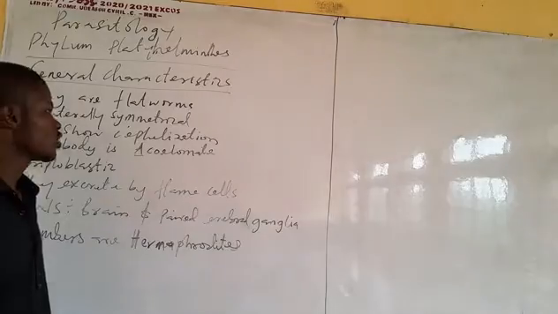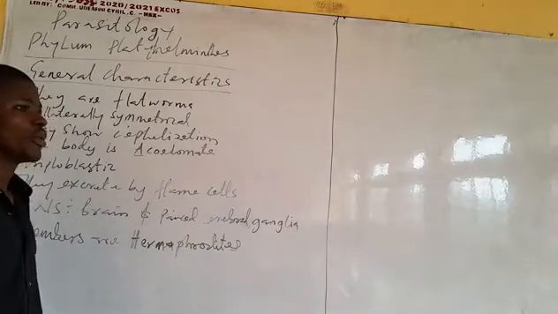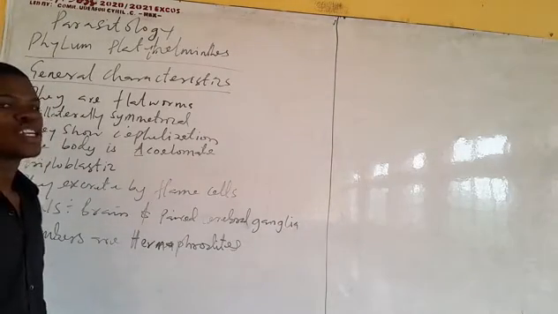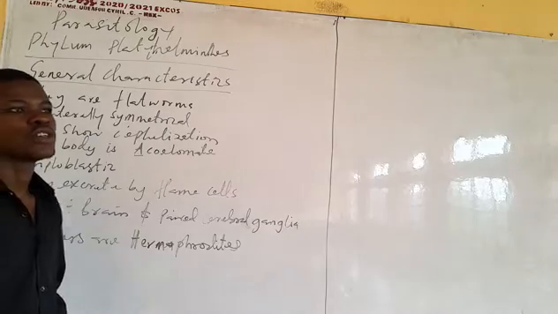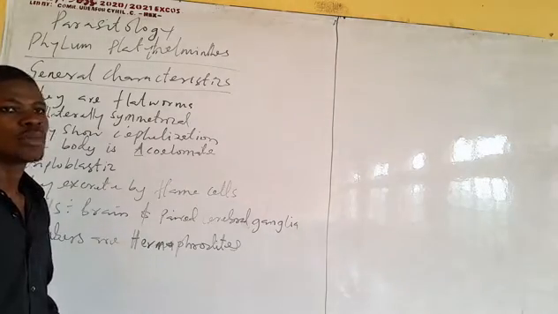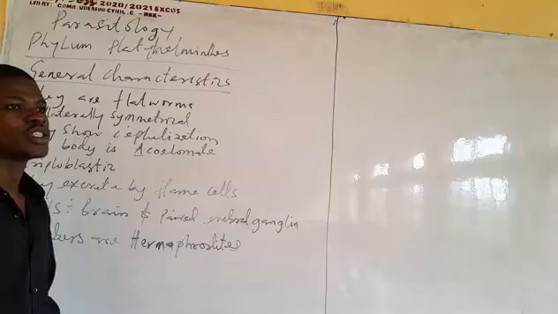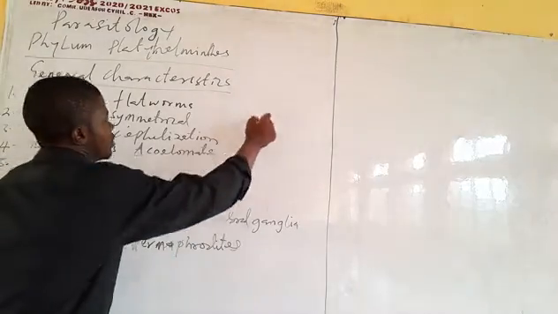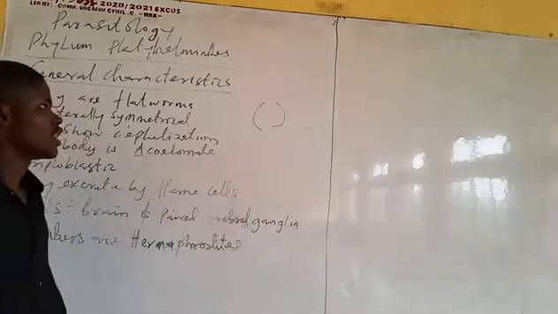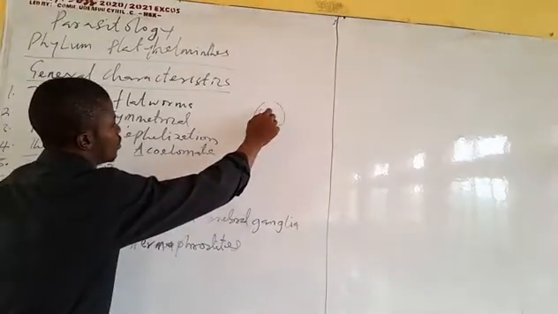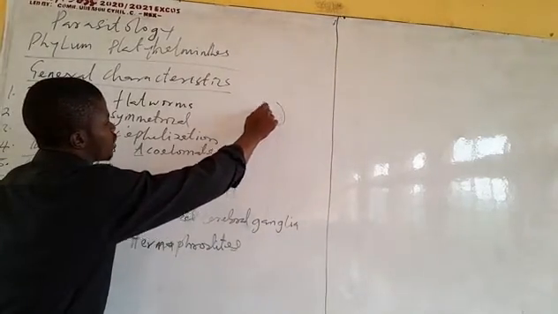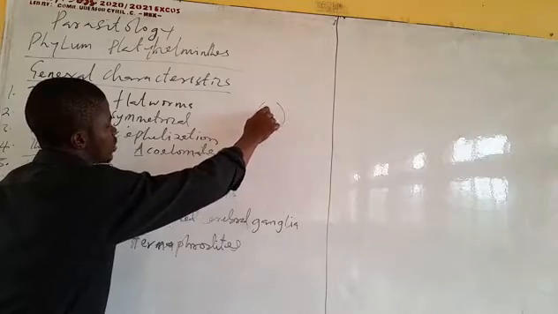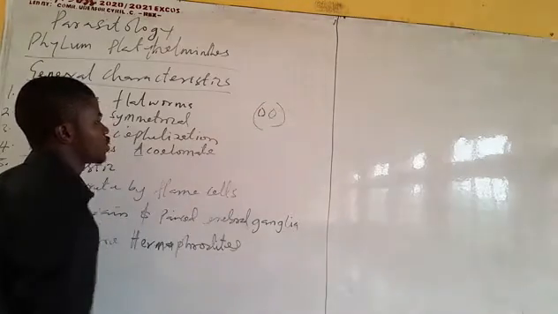Cephalization is a body part known as the head, where there is concentration of the sensory part and the nervous part. There is concentration of organs in the head. Let's assume that this is the head, and there is concentration of maybe the sensory cells and the nervous cells.